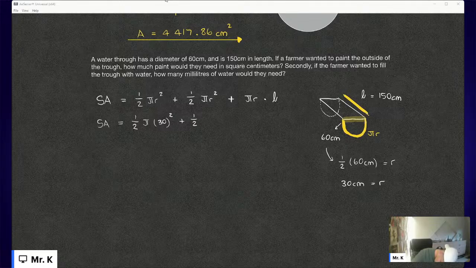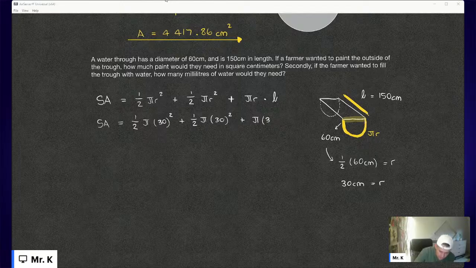And finally, in this last section over here, pi r times L. Again, the value r is 30, but the length is 150. Right? We get this information from the question.